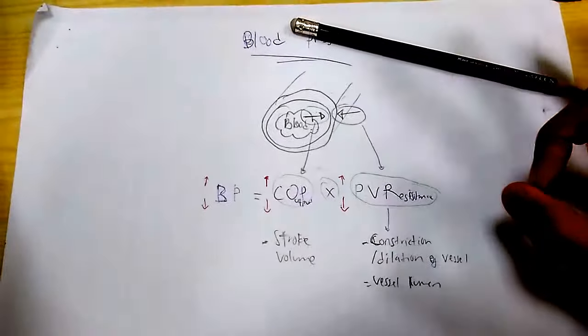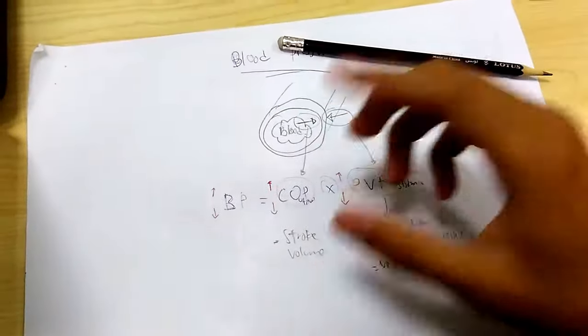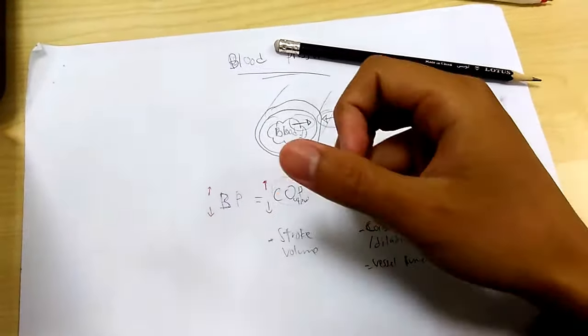And how about the stroke volume? That influences the cardiac output. For example, if you are running, your heart will beat faster, and it will increase the blood pressure because the heart pumps more blood in every minute, so the blood pressure will increase because the cardiac output is increased.